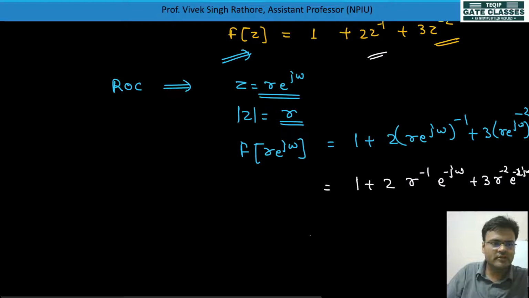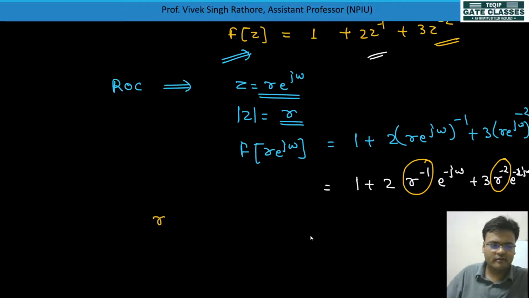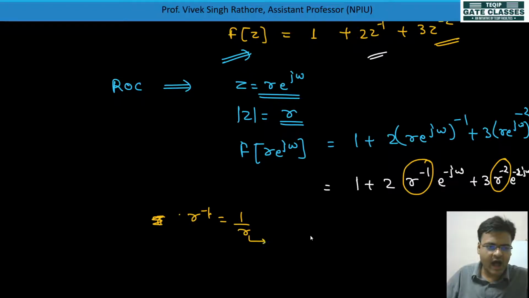So see what I wanted to tell you, r to the power minus 1, r to the power minus 2. r to the power minus 1 means 1 by r. If r is equal to 0, let's suppose, what will happen? 1 by 0 is infinite, so will this series exist?